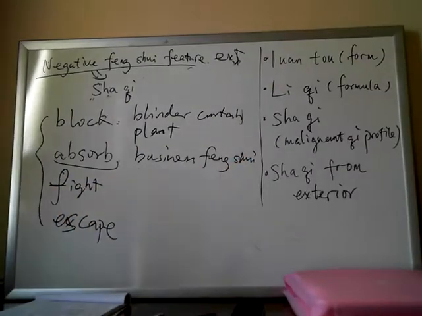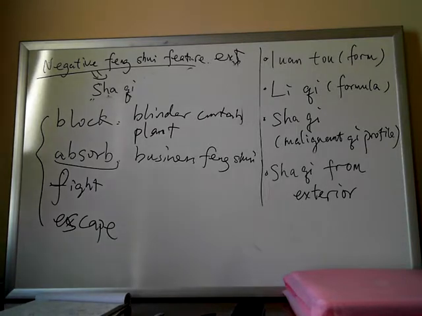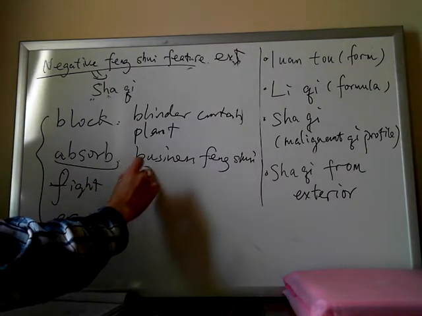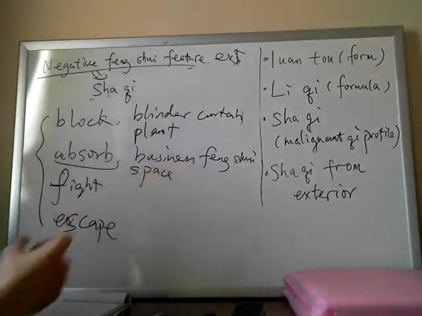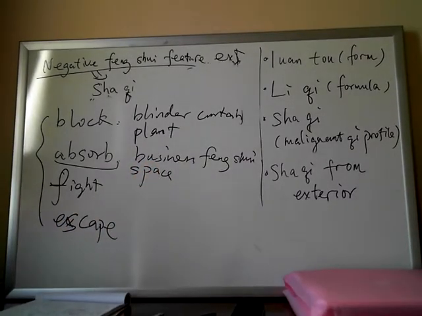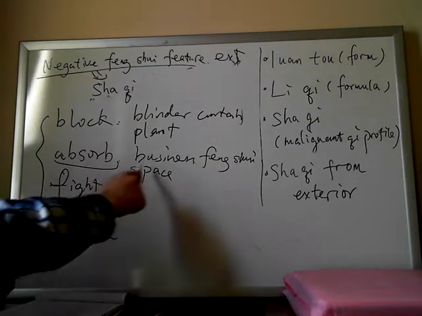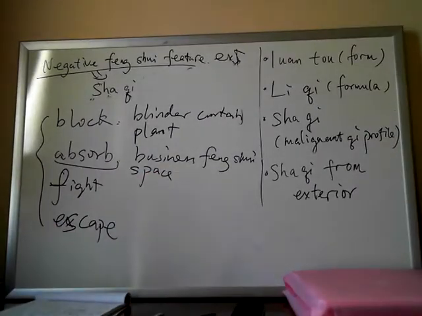I will give you examples later. For your house, most likely you won't have much space. If you try to create a feng shui configuration to absorb the sha qi, you probably won't have space to walk.